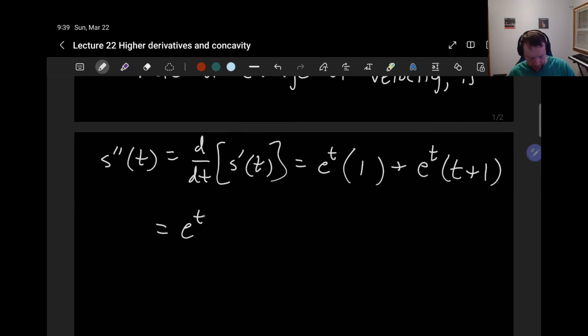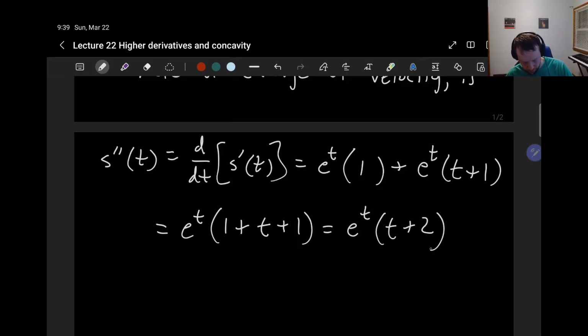So notice I have an e to the t in both terms again, so I factor that out. And that can be simplified as e to the t times t plus 2. So acceleration is the rate of change of the rate of change of position. So how fast is the speed changing?